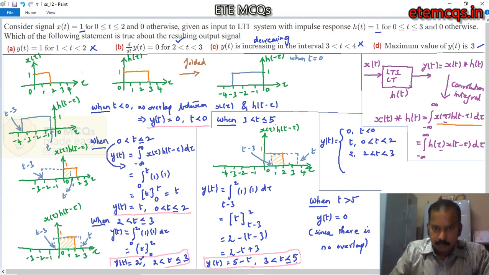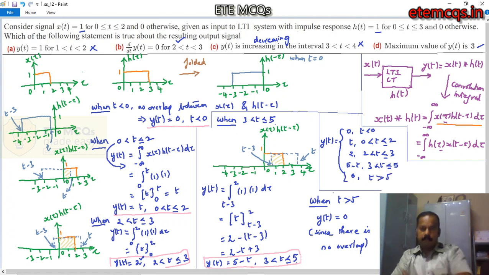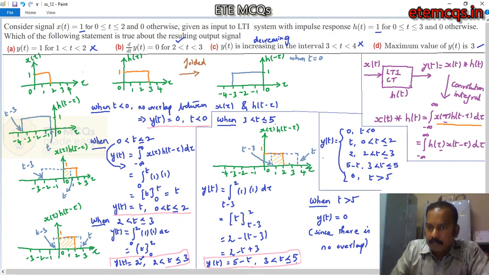And it is equal to 5 minus t for t between 3 and 5, that is 3 less than or equal to t, less than or equal to 5. And finally 0 for t greater than 5. So this is what we get finally. This is your y of t. y of t actually exists only between 2 and 5.